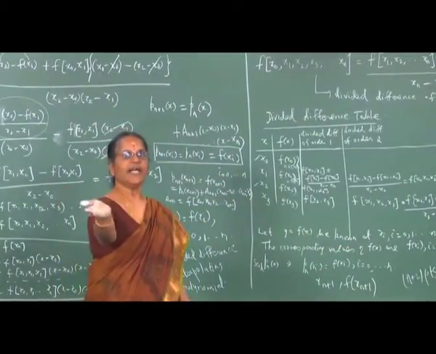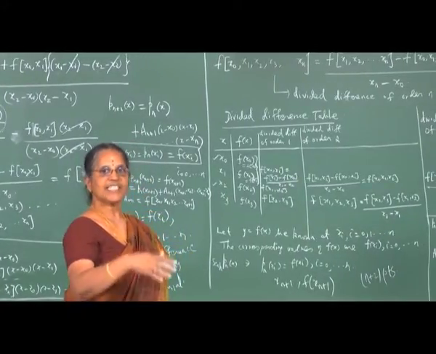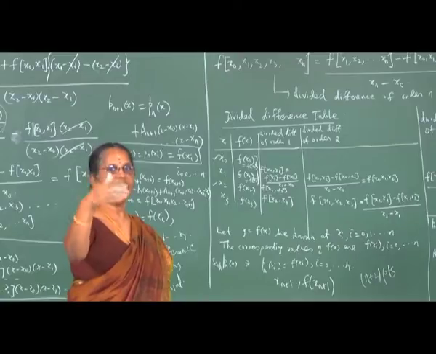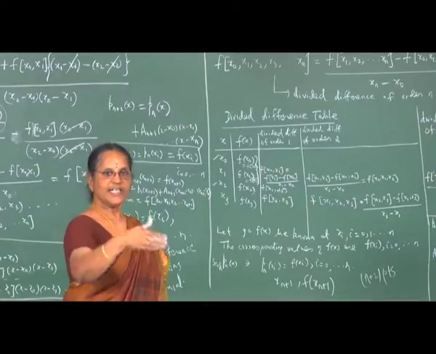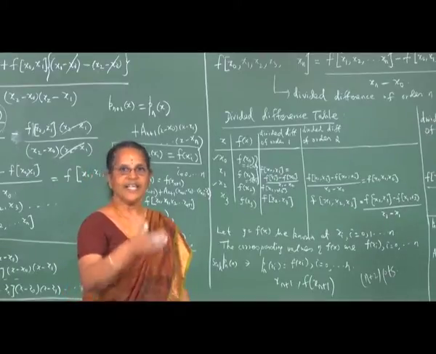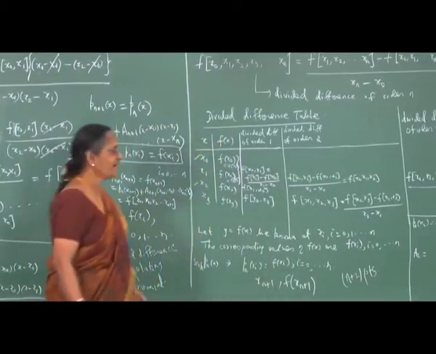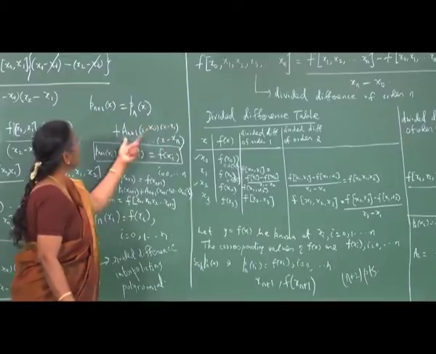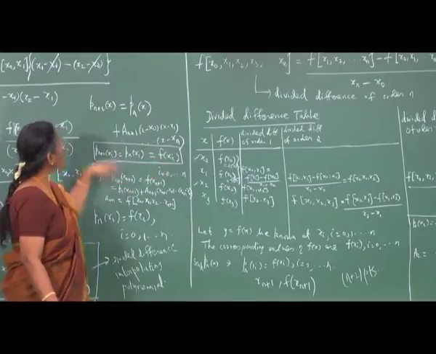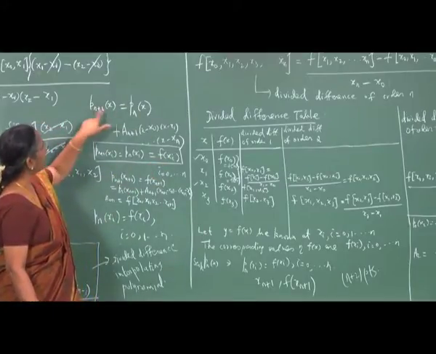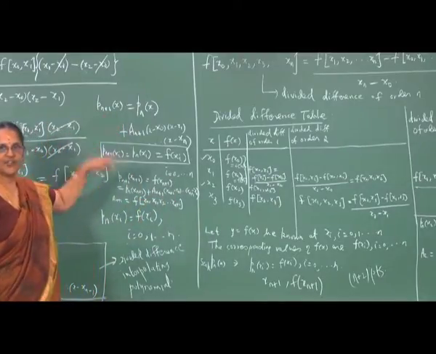So, given the additional information about the function, we do not have to waste our efforts which we have already put in to construct a polynomial of lower degree, use it and add another term that incorporates this additional information given about the function f, and that term will give you a polynomial of the next degree, finally ending up with the interpolating polynomial of the required degree that interpolates the function at a set of n plus 2 points.